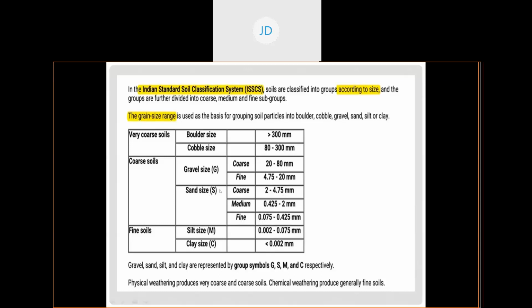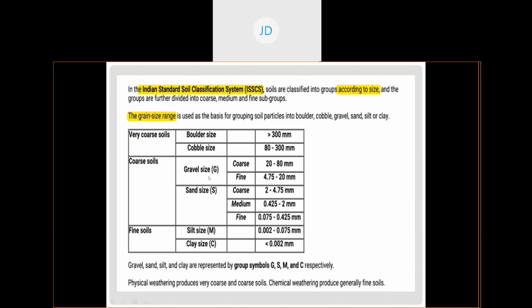Next, if we go on increasing the soil sizes from 4.75 millimeter to 80 millimeter, the soil is termed as gravel soil.